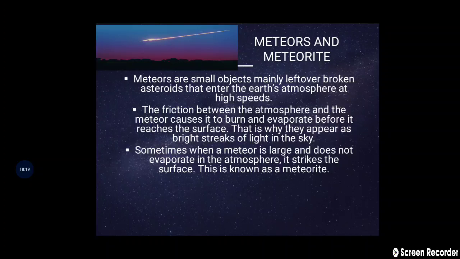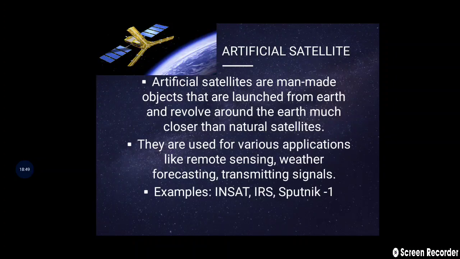The friction between the atmosphere and the meteor causes it to burn and evaporate before it reaches the surface. That is why they appear as a bright streak of light in the sky. Sometimes when a meteor is large and does not evaporate in the atmosphere, it strikes the surface. This is known as a meteorite. Now you know the difference between meteors and meteoroids. I hope it is very clear to you.